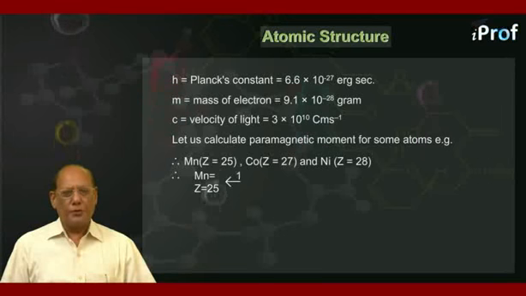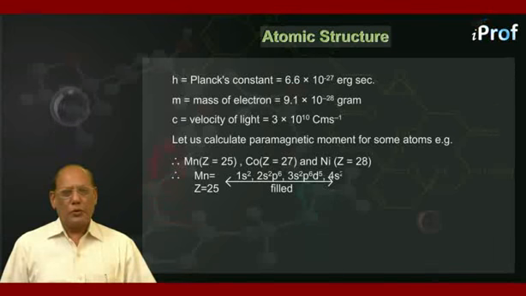Its configuration is 1s2, 2s2 2p6, 3s2 3p6 3d5, 4s2. We see that orbitals from 1s to 3p are filled, and the 4s is also filled.